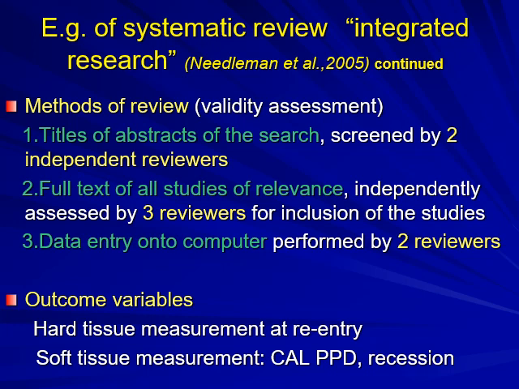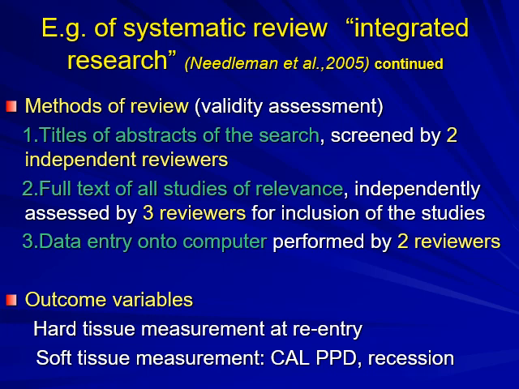The full text of all relevant studies is independently assessed by three reviewers for inclusion. Data entry onto computer is also performed by two reviewers. So it is not easy, as you see. It is very explicit. When you read a systematic review or meta-analysis, you should know that all these steps have been undertaken by the reviewers to produce the material that you are reading.